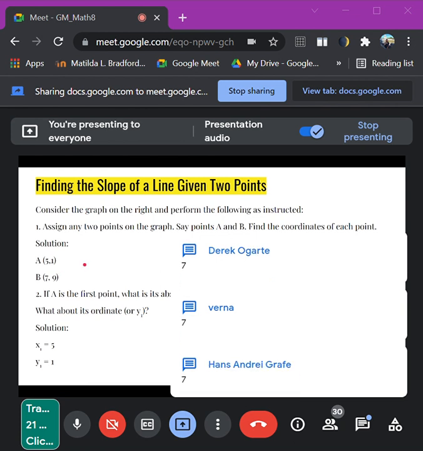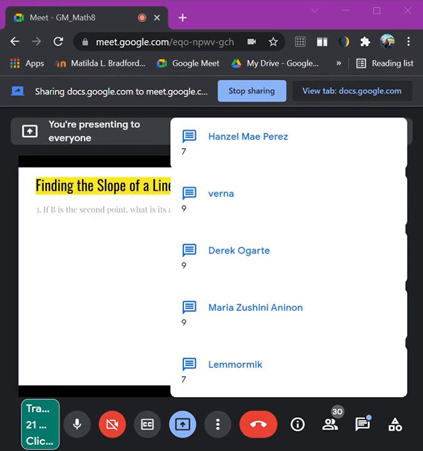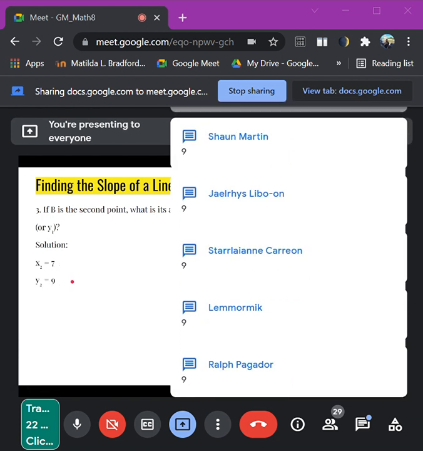That is 7. How about our ordinate? Okay, that is 9. Very good. So now for our B, we have x sub 2 is 7 and y sub 2 is equal to 9.